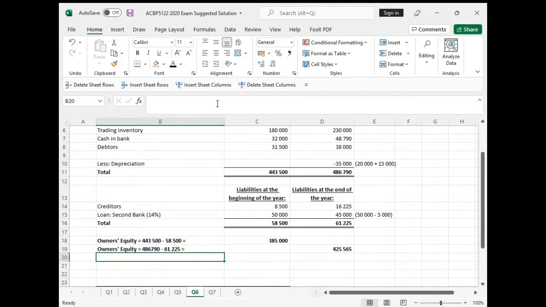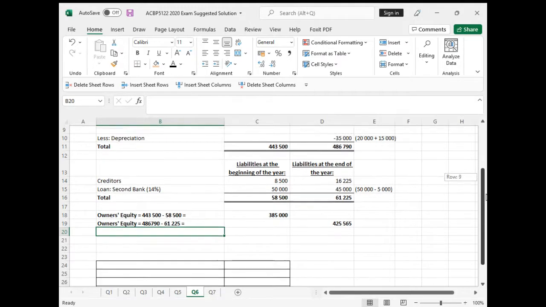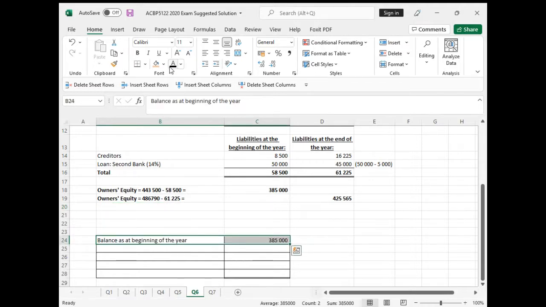Okay, now we said to work out the profit and loss, we need to do the movement. Now, I told you the movement is the opening balance to the closing balance. However, there are other things that would also need to be accounted for. So what I've done is I've taken the statement of change in equities format, and I started with the balance in the beginning of the year, which agrees to what I've calculated here at the top.